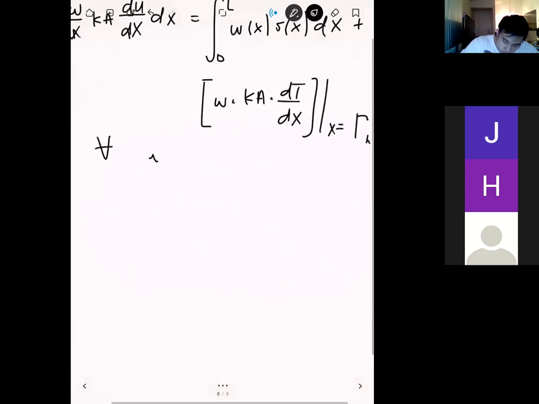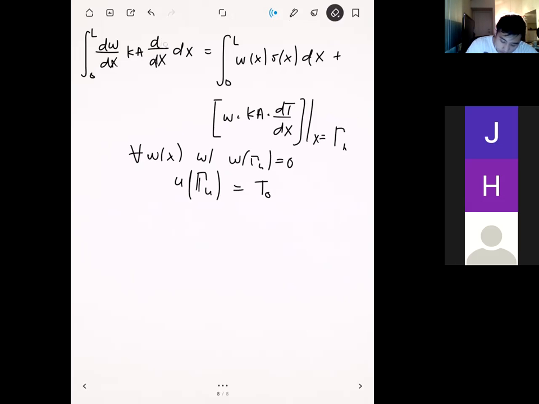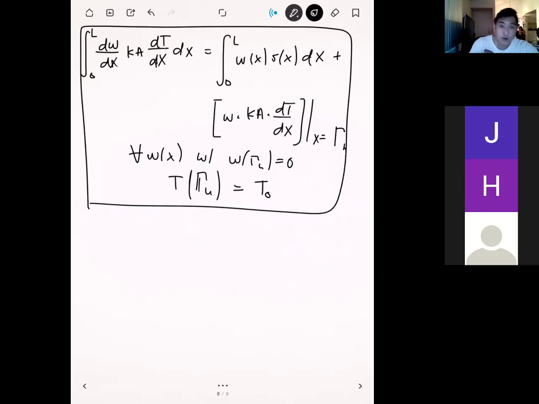And this is for all w, with w at gamma u equal to 0, and T at gamma u equal to T bar. Or I should say T at gamma u, sorry. All these should be T's. All right, so that's the full weak form for heat conduction.